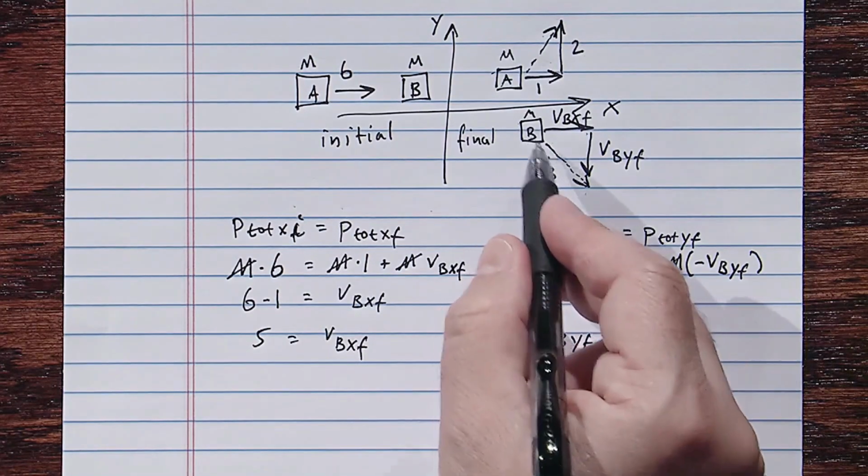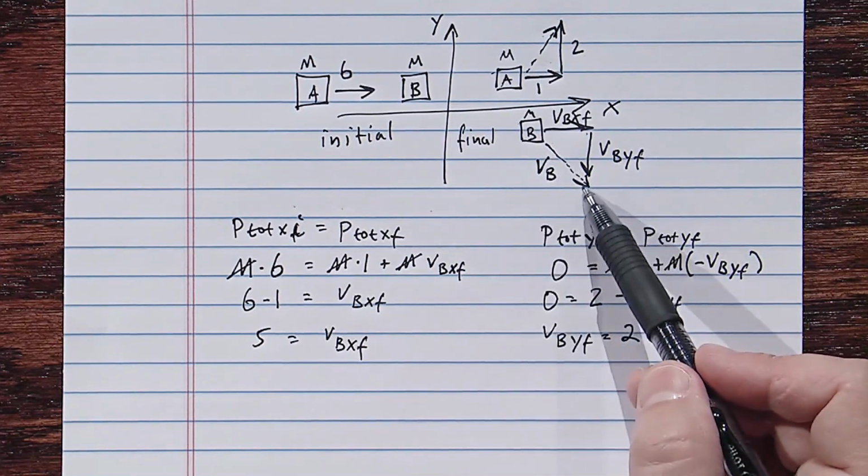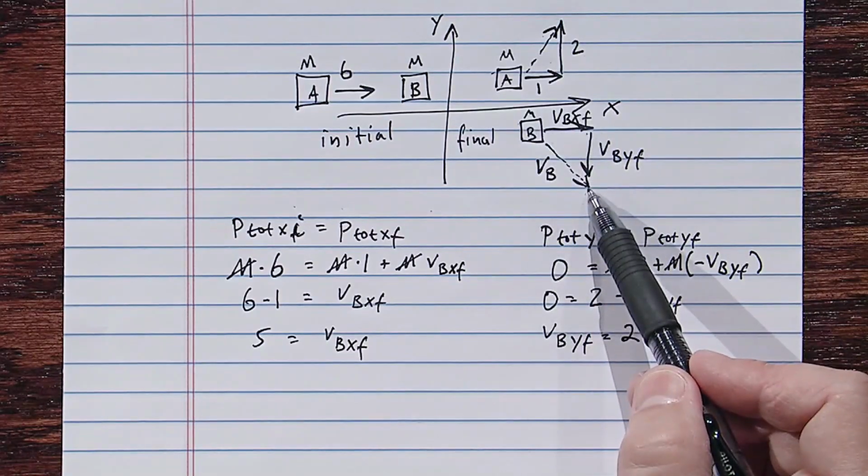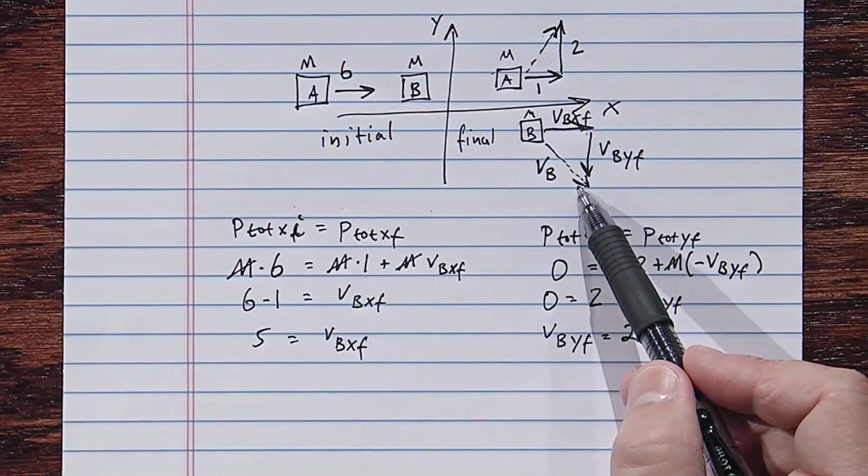And so we want the magnitude of the velocity. We want the hypotenuse here.